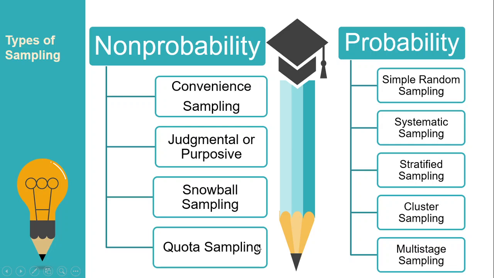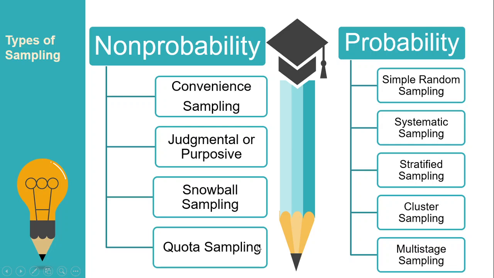And the second type, non-probability sampling, is where the sample units are selected from the population by a non-random procedure, but the researcher has an open hand to choose and select the sample from the population.